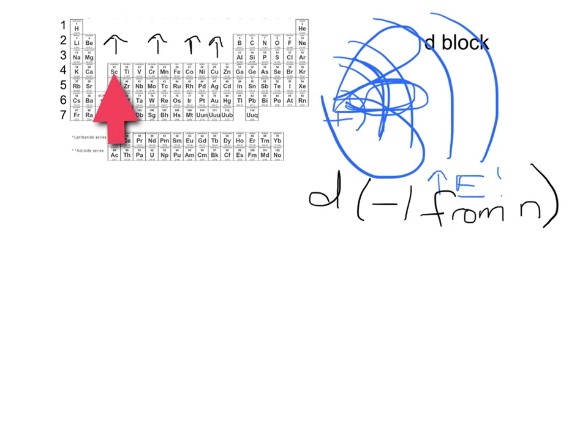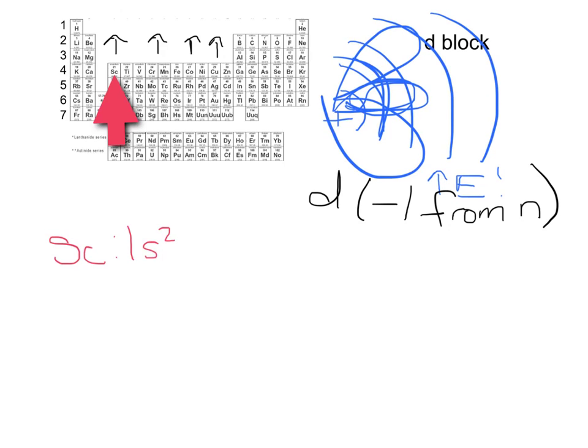So let's try scandium. That is the first one in d block. So if we're going to do Sc, I'll write in red. Remember, we need to start from the beginning. We need to start up here and go across our rows all the way until we get to scandium. I'm going to assume that you already know how to do that. So Sc is 1s2.